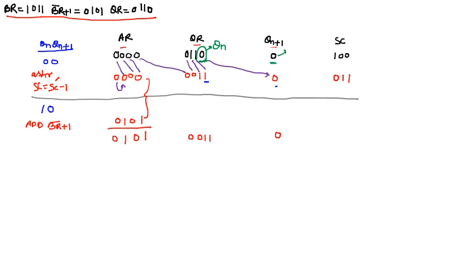Now the next step will be arithmetical shift right and reduce the counter by 1. So perform the arithmetic shift right, 0, 0, 1, 0, 1, 0, 0, 1 and 1.